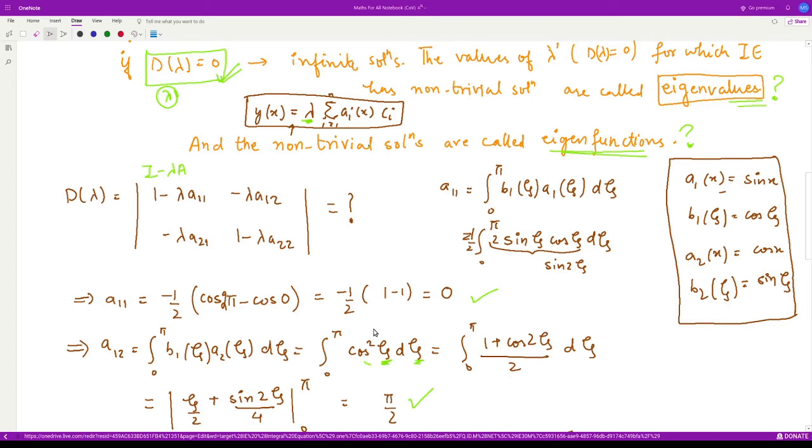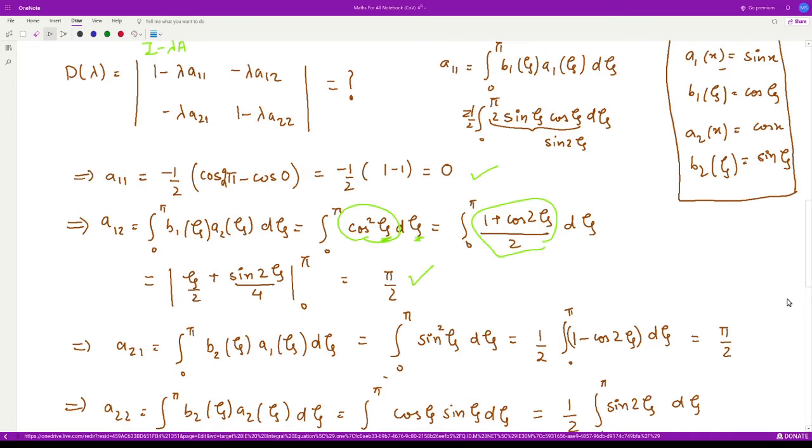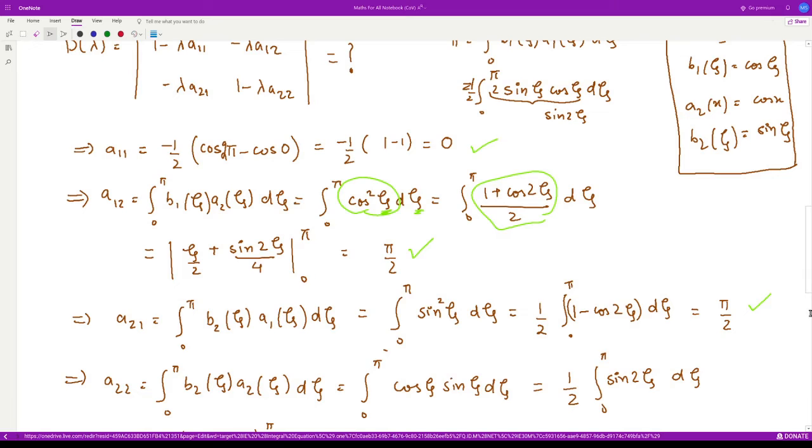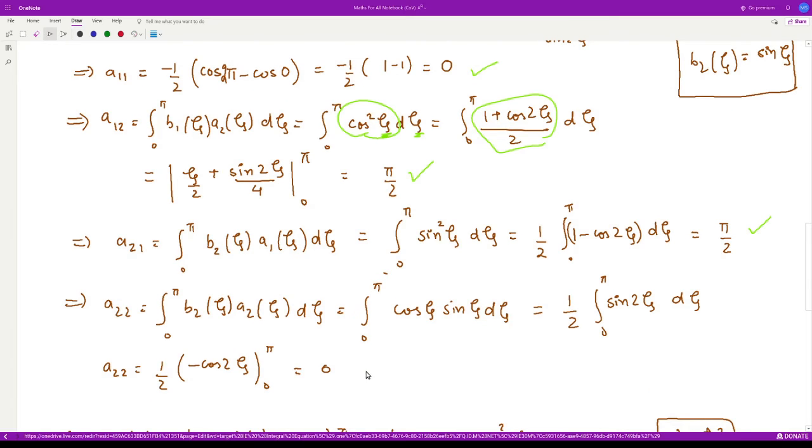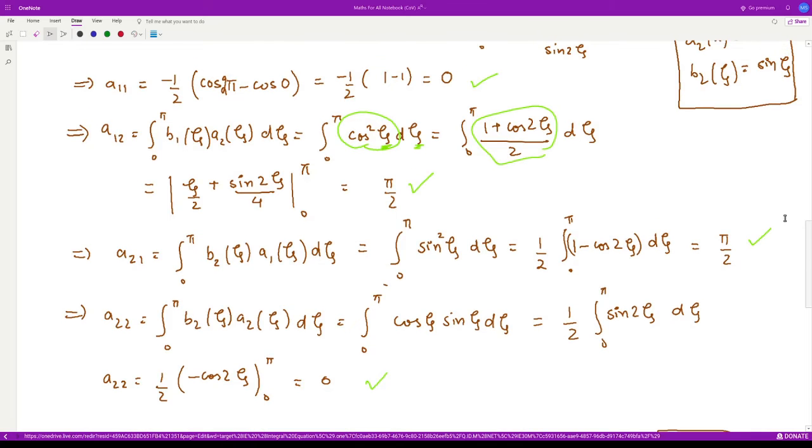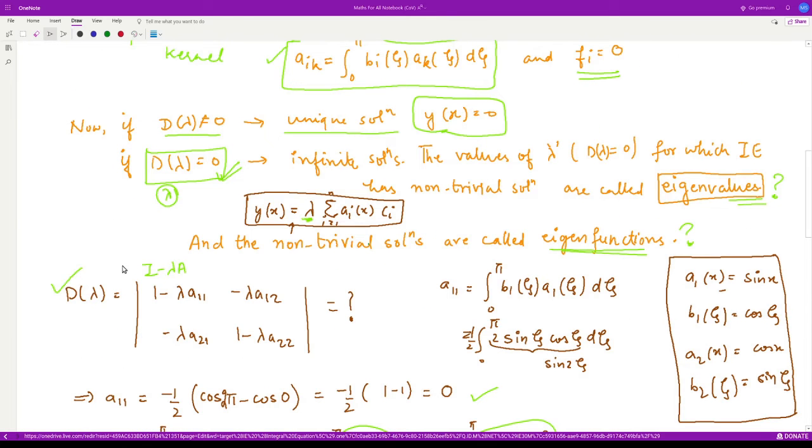Now we can convert this into double angles like this, and we can perform the integration and put the limits. So we have pi by 2. Similarly, a21 is also pi by 2 and a22 is equal to 0, yes. So when you substitute all these values back into this determinant D(lambda), let us see what we have.